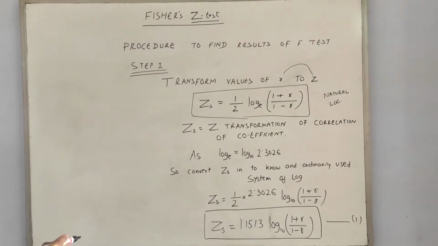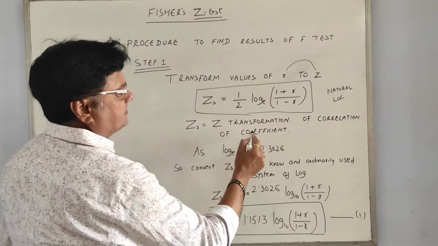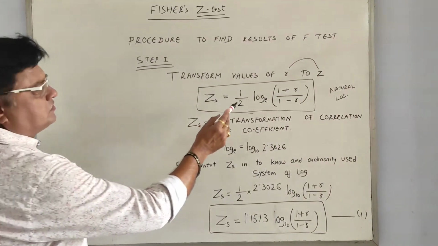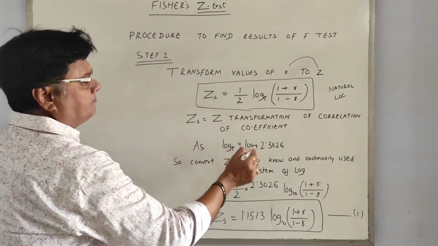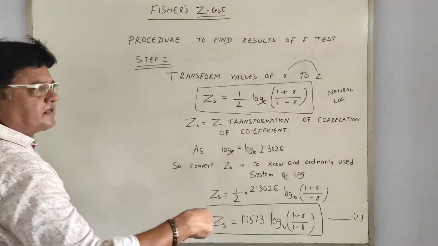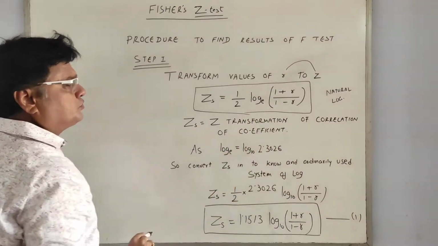Zs is the Z transformation of the correlation coefficient. Now this log is with base E. We have to convert it to base 10 because it is very well known. The figures can be found through a log table and it is ordinarily used.